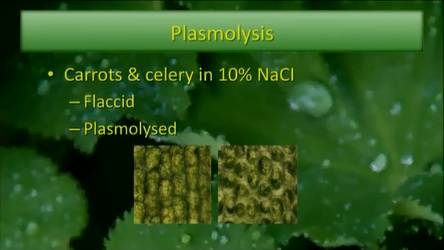So what can happen is that the vacuoles can disappear and the cytoplasm can become clumped in the center of the cell, where the cell membrane has pulled away, shrunken away from the cell walls. Now, osmosis is not the only force involved in the absorption of water by plants.